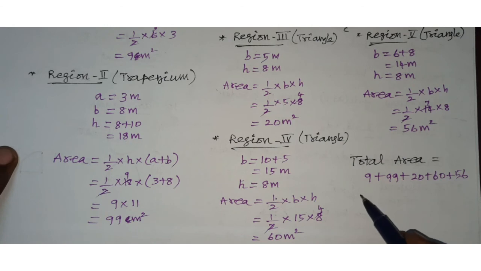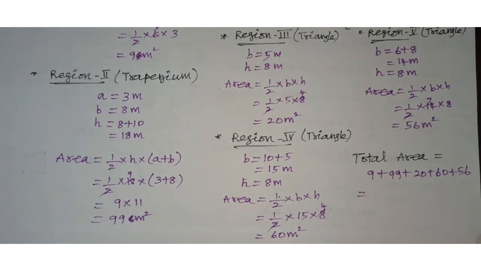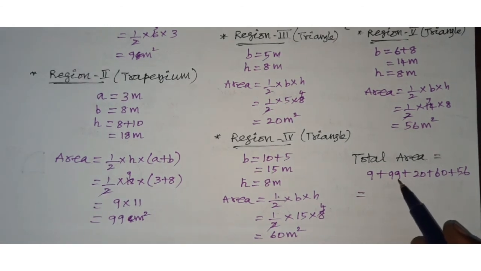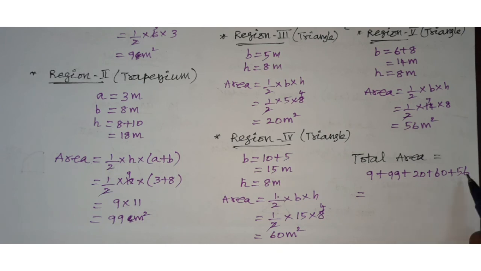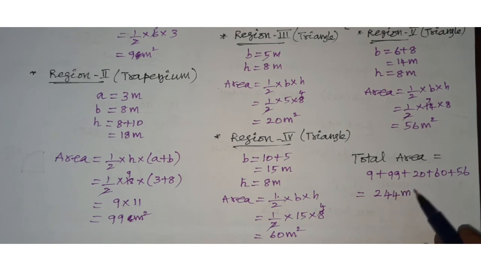Okay, so when you add all the values we get 244. 99 and 9, 108, 108 and 56, 164 and 80, 244. You can add it separately also, meter square.